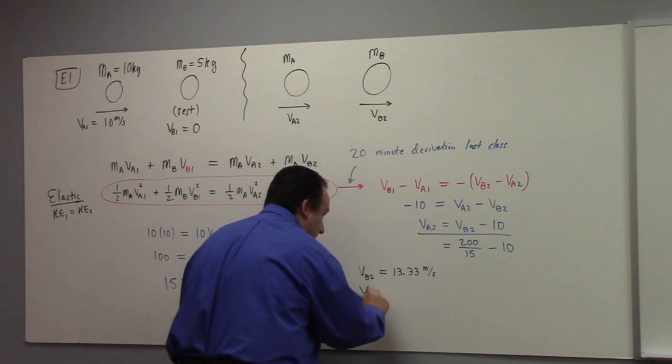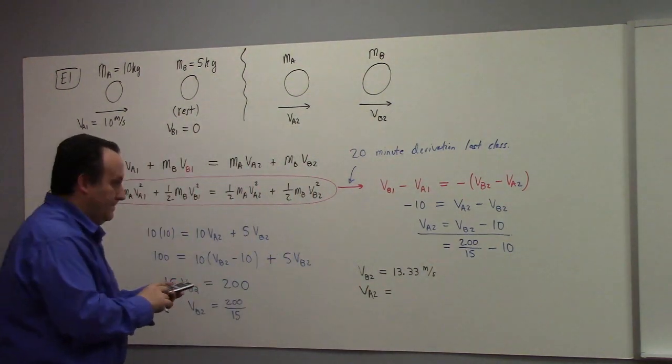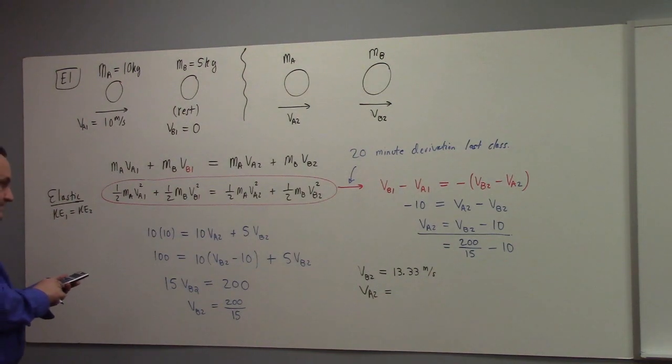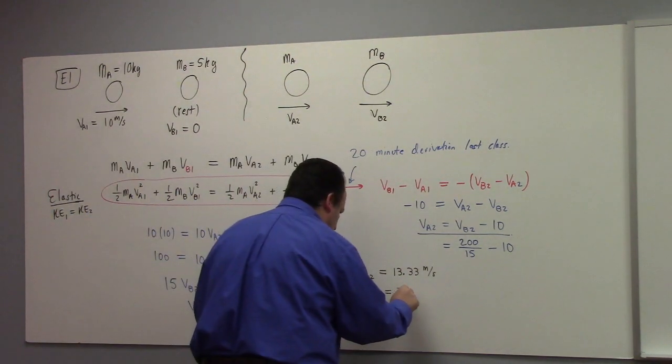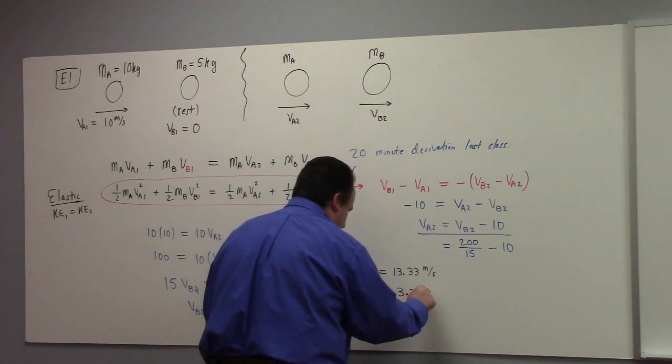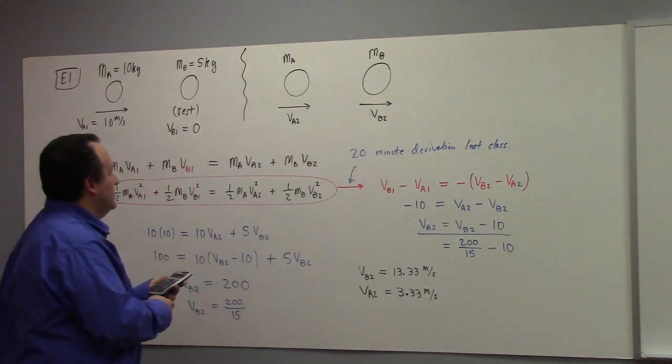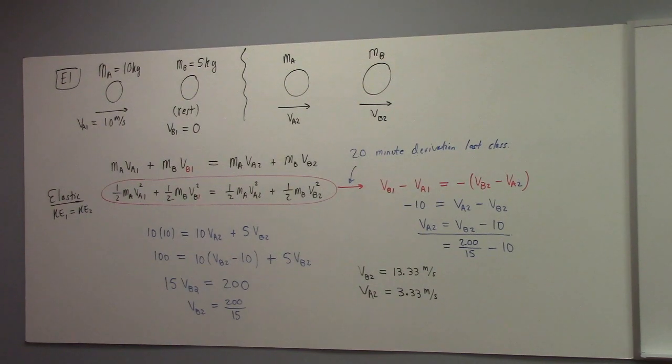And VA2 is... please tell me I've made a mistake somewhere. 3.33? Is this right? That feels wrong. No, this can't. Well, wait a minute. VA2 is.